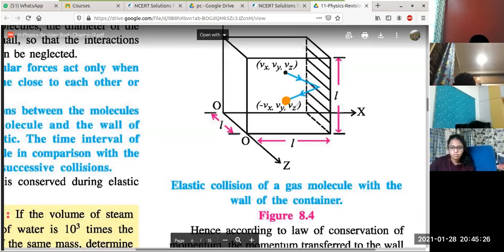Now see this diagram again. A gas molecule has a velocity in x, y, and z, but if I'm trying to calculate the momentum change when it hits this wall, which plane is the wall in? This plane. Which plane is this? YZ. Very good.